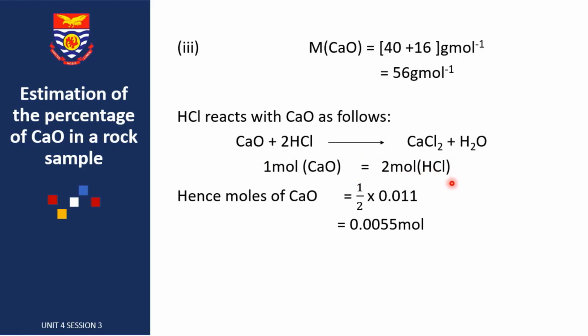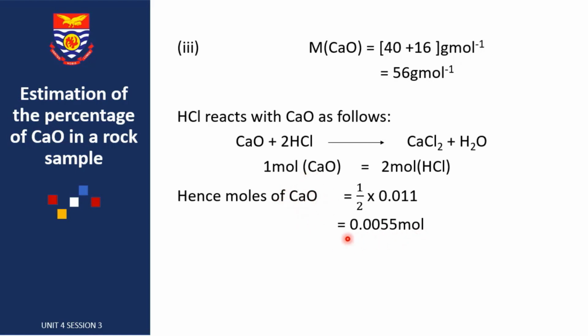For every 2 moles of hydrochloric acid, we have 1 mole of calcium oxide reacting with it, which means that the moles of the calcium oxide is half that of the HCl, because half of 2 is 1. What it means is that with the moles of the HCl that we found, that was the 0.011, half of it will be the moles of the calcium oxide that reacted with it.